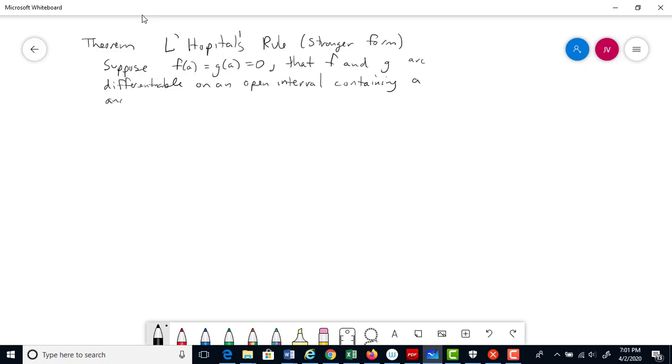And g prime of x is not equal to 0 on this interval.